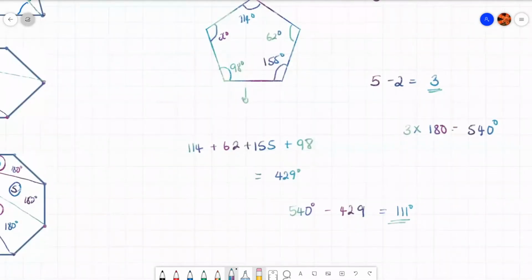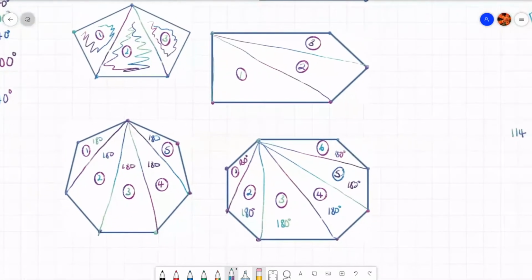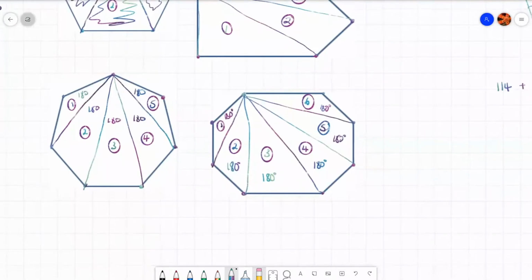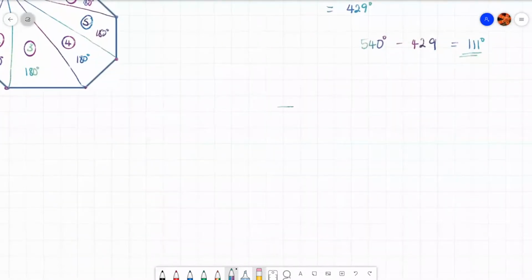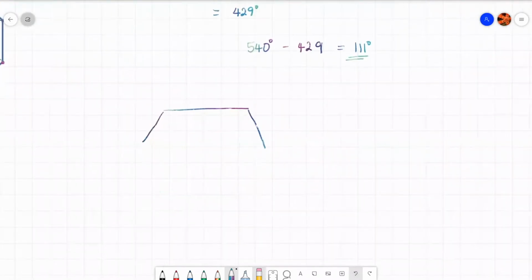Let's draw another shape. Okay, right, if I try and draw that again.